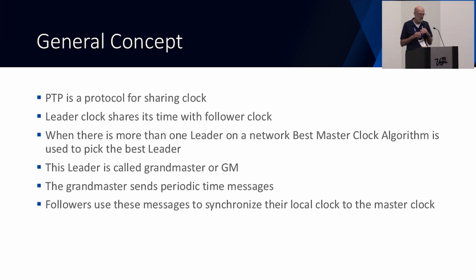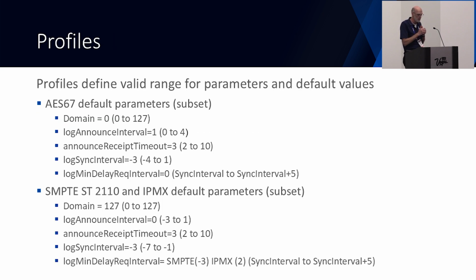So when there's more than one leader on the network, there's a best master clock algorithm that's used to pick the best leader. Because there's always, for one domain, only one leader, we'll call him the grandmaster or the GM. Okay, so the grandmaster sends periodic time messages to the network, and followers use these messages to synchronize their clock to the master clock.